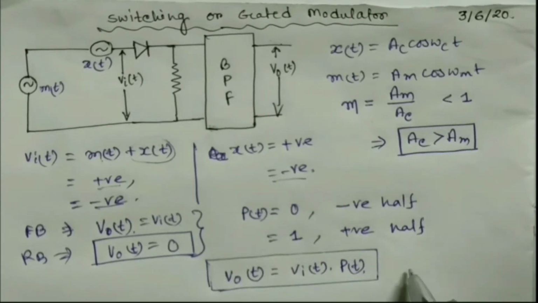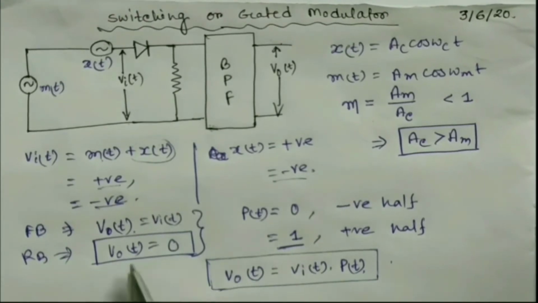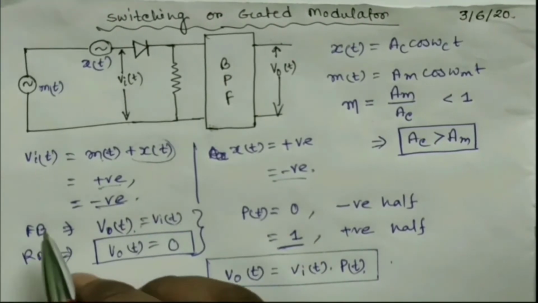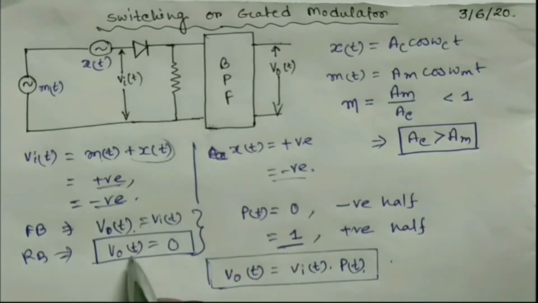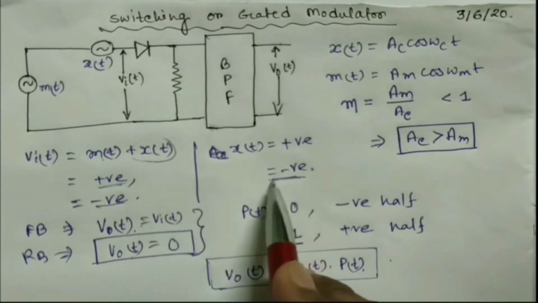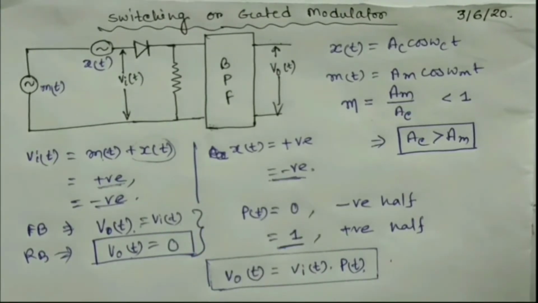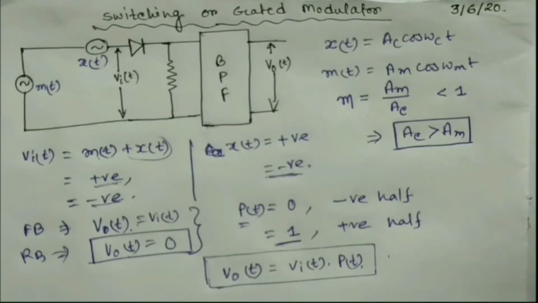Here for the positive half, p(t) is 1, that is Vo(t) is Vi(t), that is in forward bias condition, that means when x(t) is positive, and this is 0 when x(t) is in the negative half cycle. Here this p(t) is a signal which is equivalent to the carrier signal and it has the same frequency as that of the carrier signal.